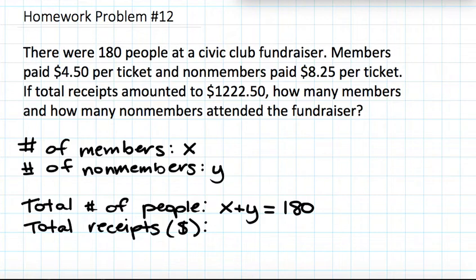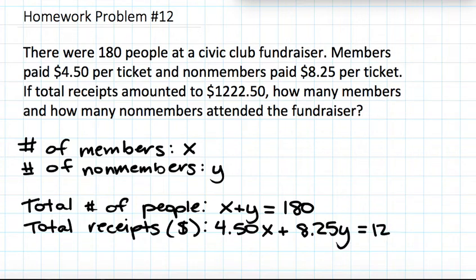So if I multiply $4.50 times the total number of members who attended, and I multiply $8.25 times the total number of non-members that attended, and I add those two things together, that should give me the total amount of money that I made at my fundraiser, which is $1,222.50. So that's my second equation.